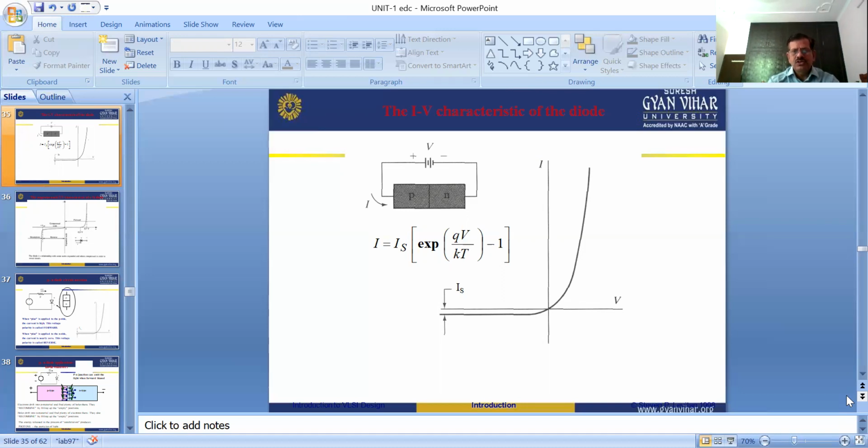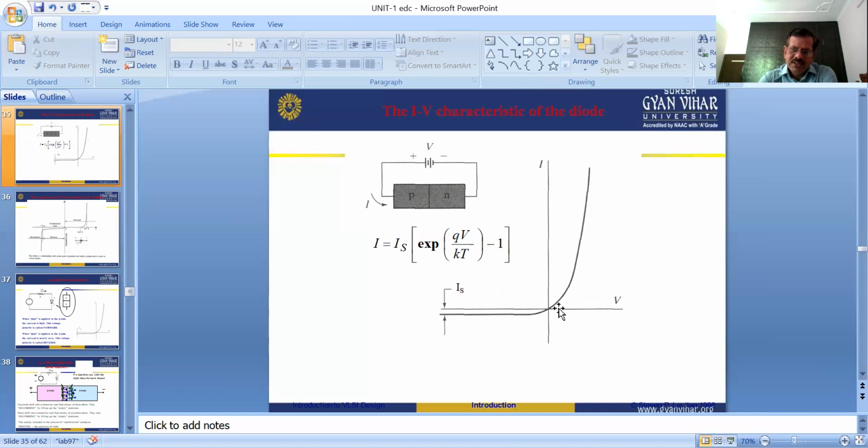You see here in this graph, as we increase the voltage, the current also increases. In the first quadrant, this is the forward bias curve between current and voltage.